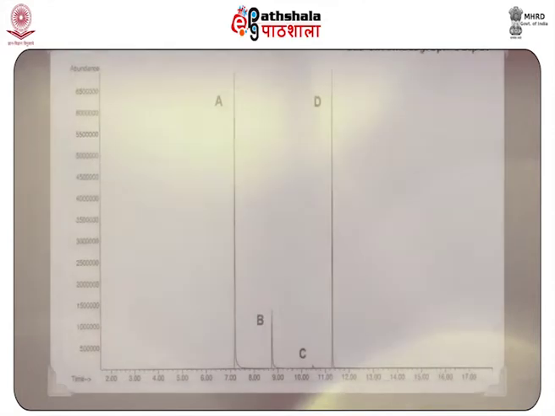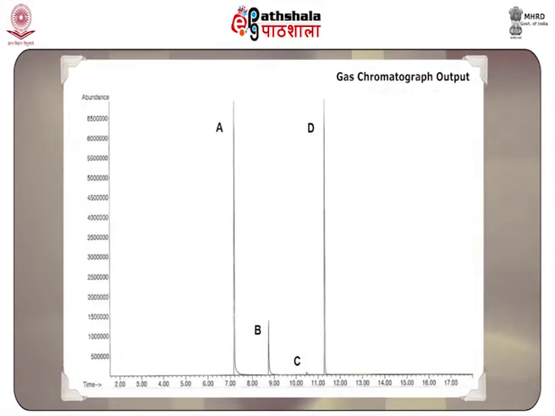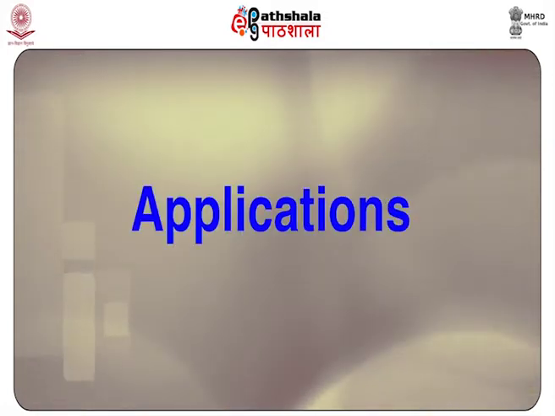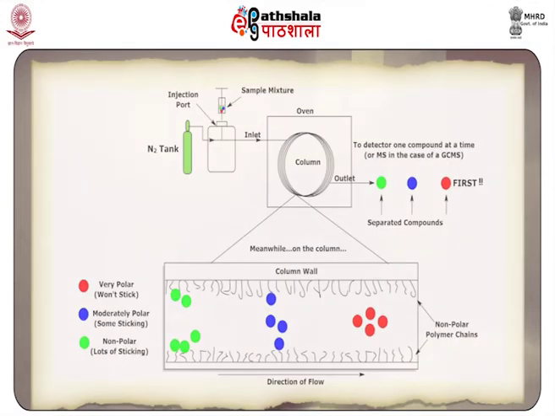In a chromatogram, the peak area represents the amount of a particular sample component. The concentration of each component of the analyte in the sample is calculated by determining the peak area. Now, the applications. This chromatographic technique is employed in the qualitative and the quantitative analysis of various suspicious substances, like body fluids, fibers, etc., found at the scene of crime.